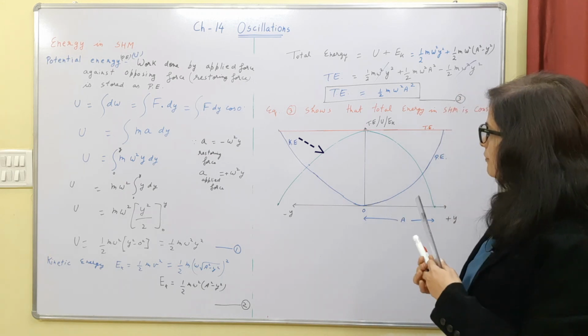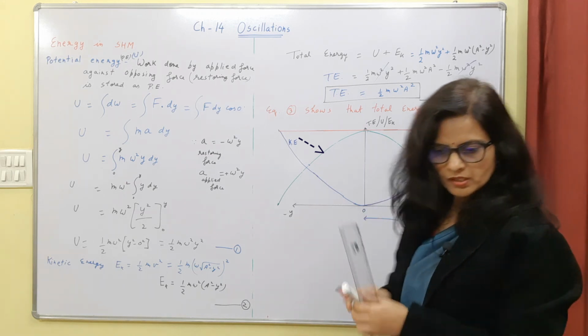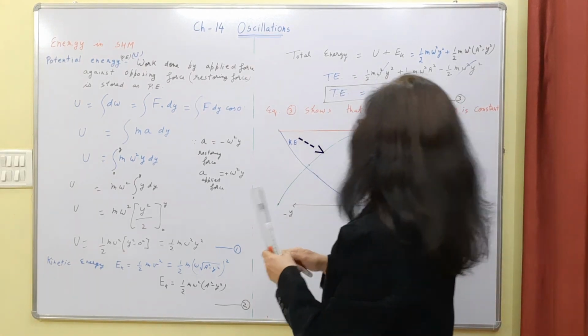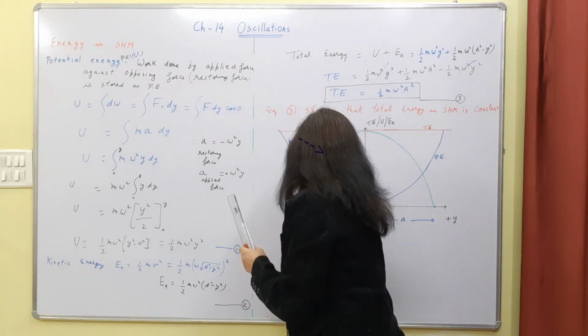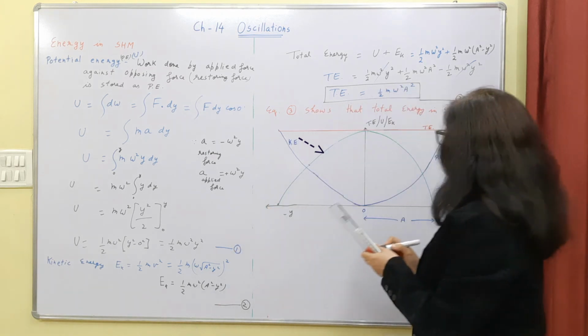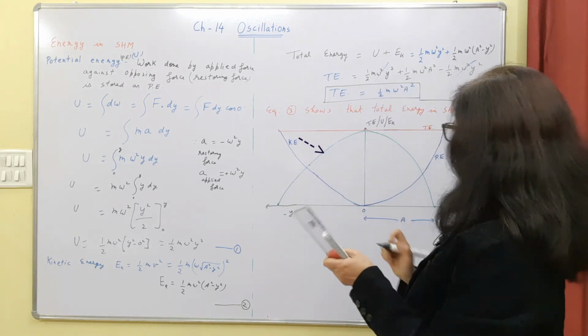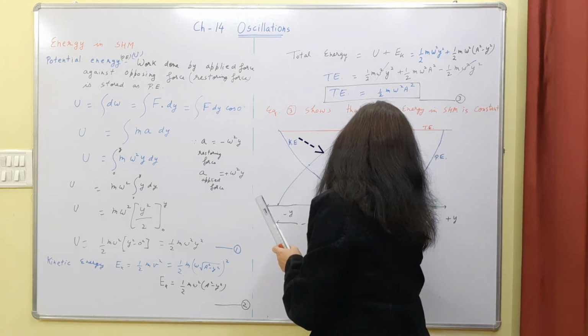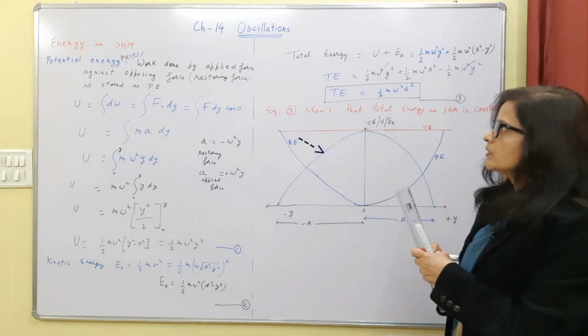So this is the graph. So this is all about the variation of energy in SHM, right? And this is also minus A, right? Hope you understood this.